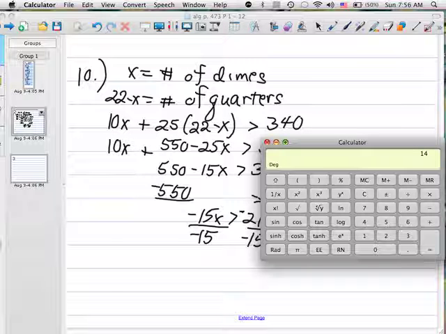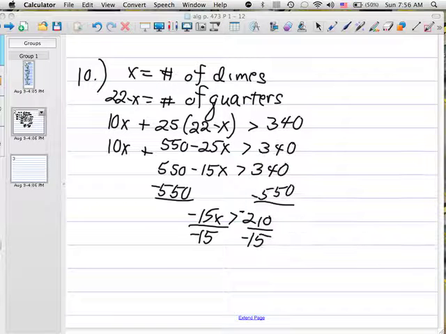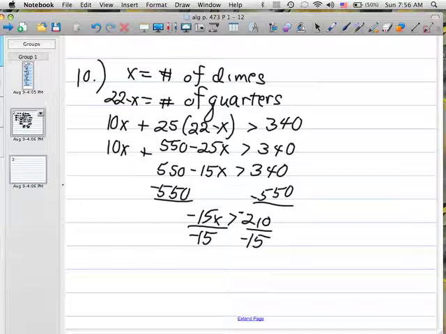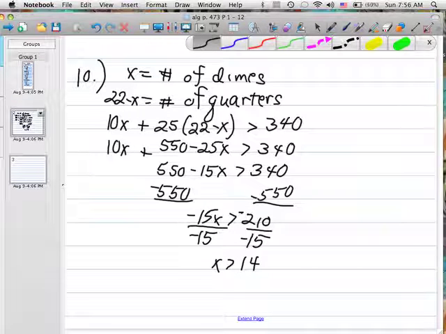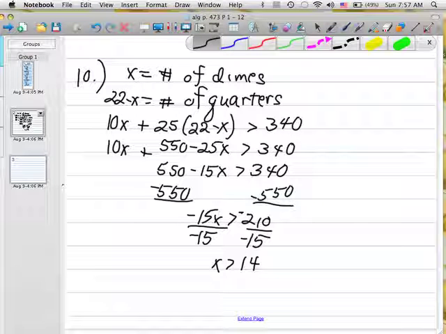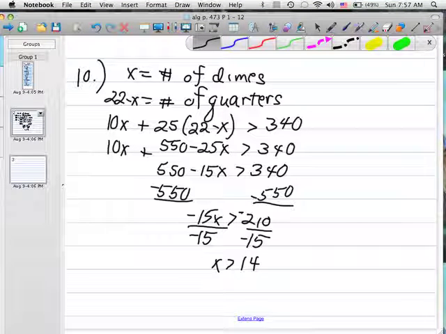And we get 14. So x is greater than 14. And they asked on number 10, at most how many are dimes? And at least how many are quarters? So if x is greater than 14, that would be 15 dimes.